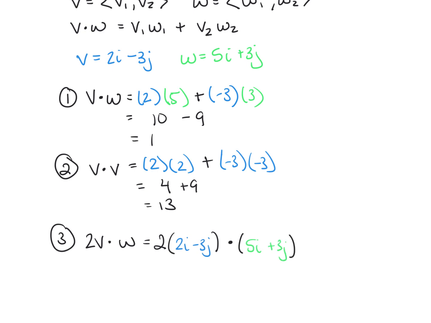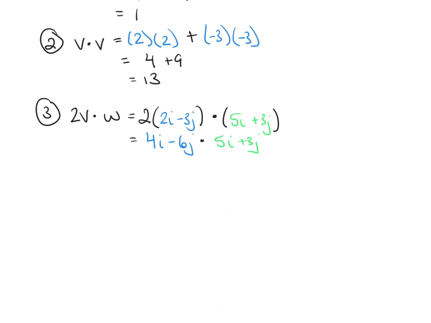First, when I multiply the 2 into my vector v, it's going to be 4i minus 6j dot 5i plus 3j. So from here, once more, multiply my i terms together, so it'll be 4 times 5, and add those to my j terms, which will be negative 6 times 3, or 20 minus 18, also known as 2.